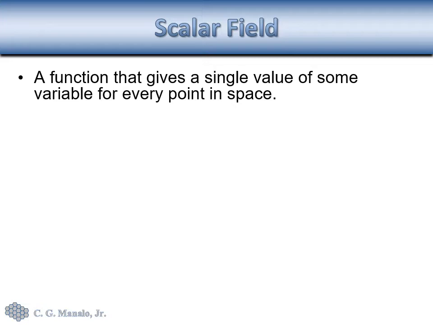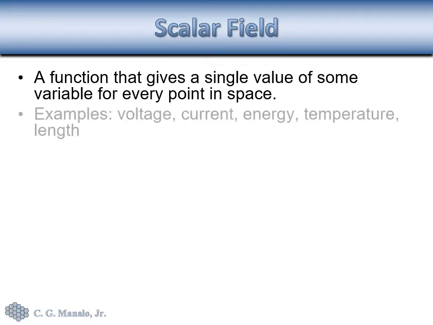A scalar field, however, is a function that gives a single value for some variable in every point in space. Examples of a scalar and a scalar field are voltage, current, energy, temperature, and length. So these quantities do not need any direction to be defined.